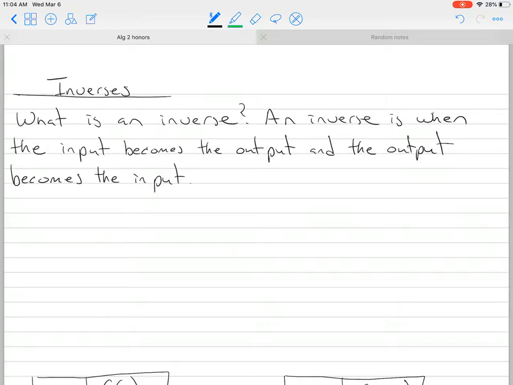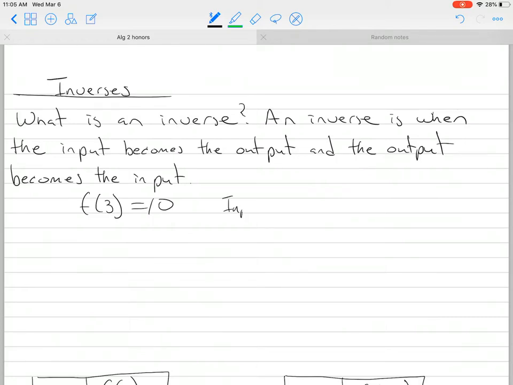So let's take this example. Let's say I have f of 3, and that is equal to 10, okay?